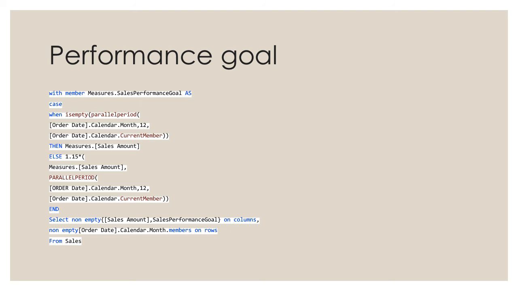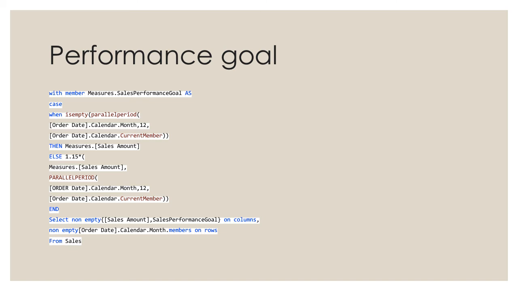So in this query, I said, okay, first off, if last year is empty, then there's nothing to compare about. So this year's measure will be fine. That's why I said if last year's month is empty, then the current sales performance goal is the current sales month.